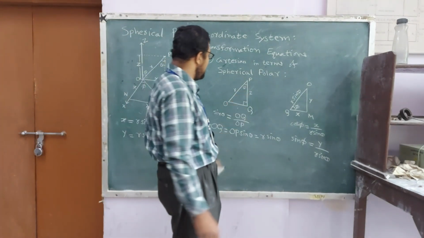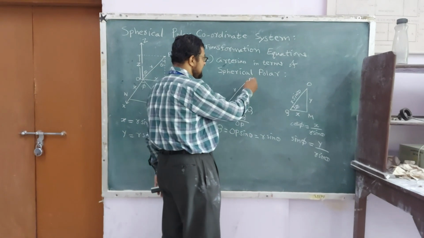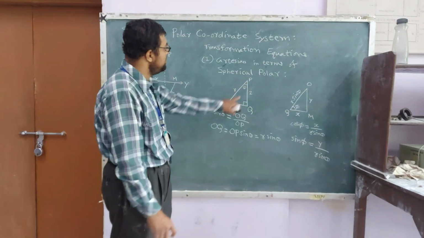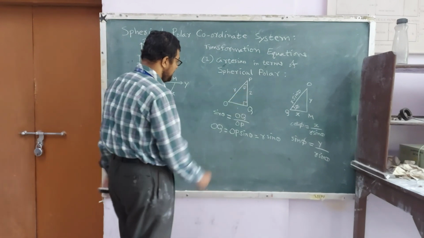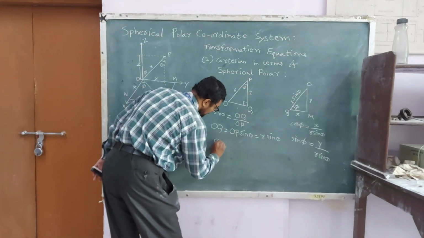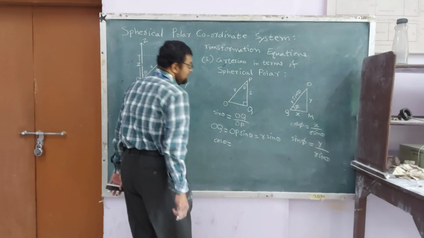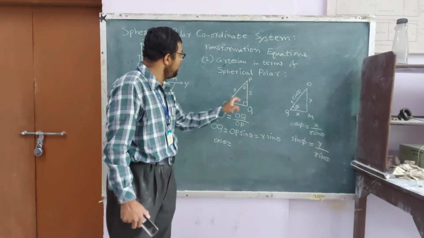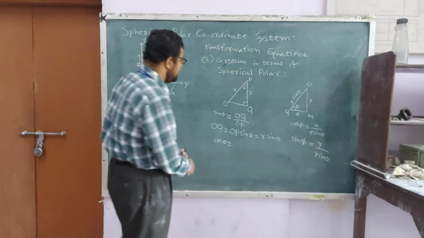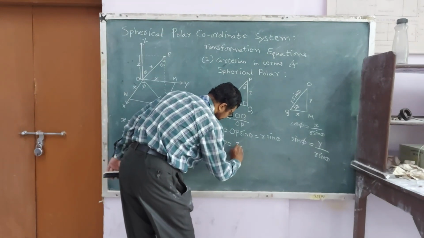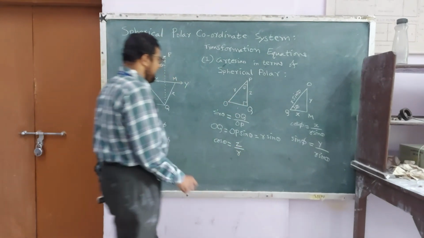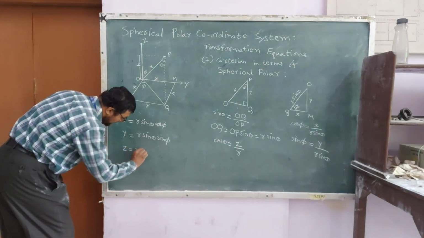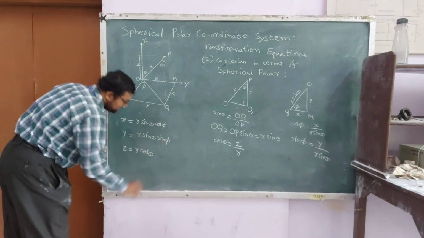Now from this triangle, that is this triangle PQO, we can find out cos of theta. Cos of theta will be equal to PQ divided by OP, that is Z divided by R. And this will give us Z is equal to R into cos of theta.